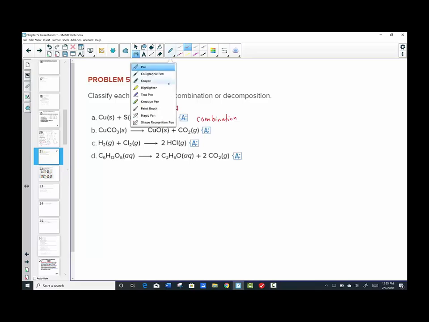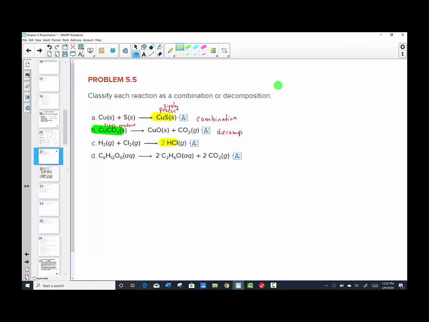What makes the decomposition unique is that you start with a single reactant. And when that happens, you break down into a simpler substance. And that's our trick for picking out a decomposition, it has a single reactant. Letter C, I notice that I have a single product. And that means that this is known as a combination.